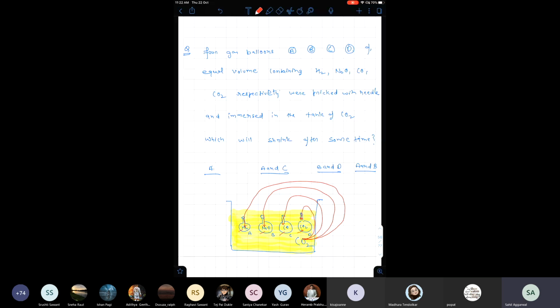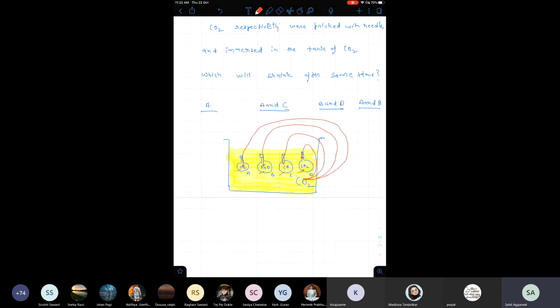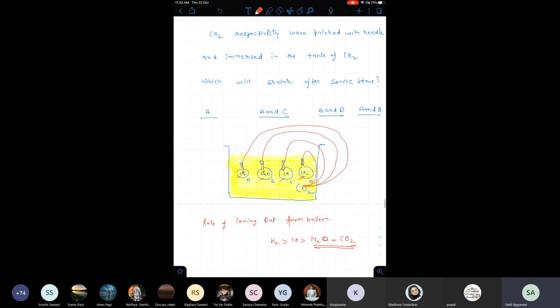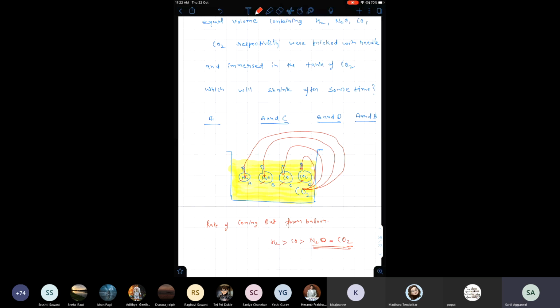Understood? Rate of coming out from balloon is H2, CO, N2O equals CO2.